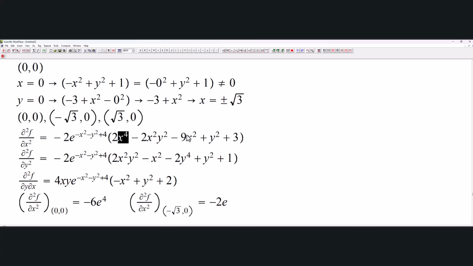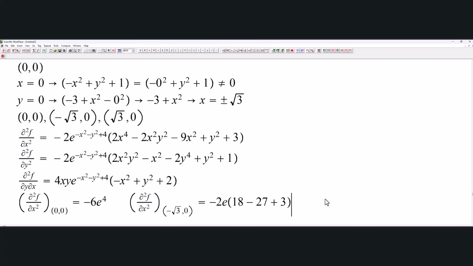Then I'll get a negative 27, so let me write those down. Why am I doing so many things just verbally? So this is 18, here y is 0, so this is going to be 0, and then we have minus square root of x squared is 3, and 9 times 3 is 27, and then we get plus 3.